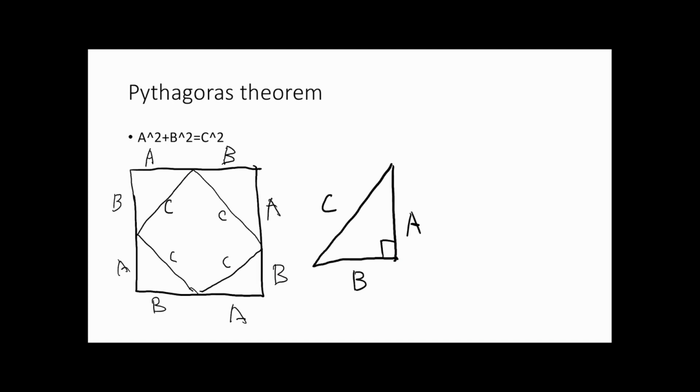The area of a triangle is a times b over 2, which, if there are 4 of them, equals 2ab. This would mean that c squared equals (a plus b) squared minus 2ab, and as everyone knows, (a plus b) squared is an identity that equals a squared plus 2ab plus b squared. And then if you subtract 2ab, you would get a squared plus b squared equals c squared.